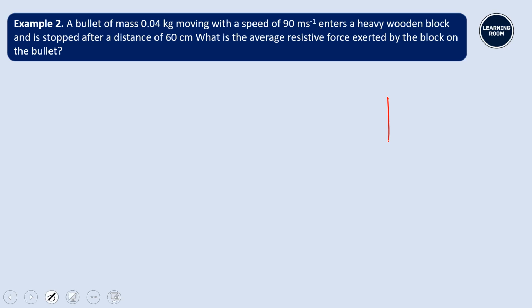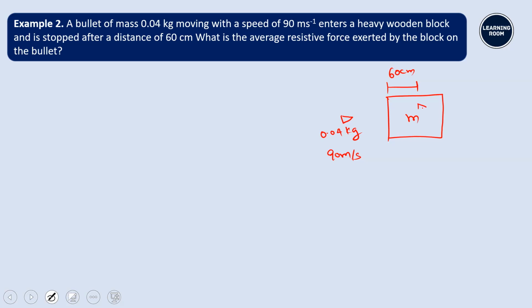So you see there is a wooden block. There is a bullet which has a mass of 0.04 kilogram, and it is traveling with a speed of 90 meter per second. So when it has entered the wooden block, it is able to travel a distance of 60 centimeters.